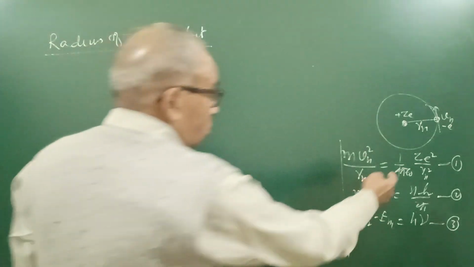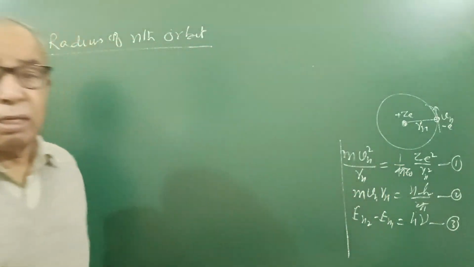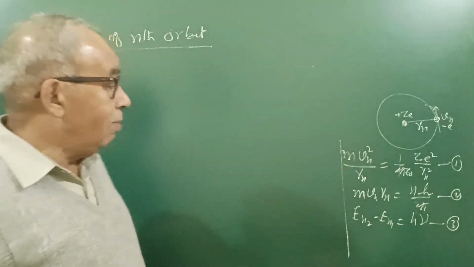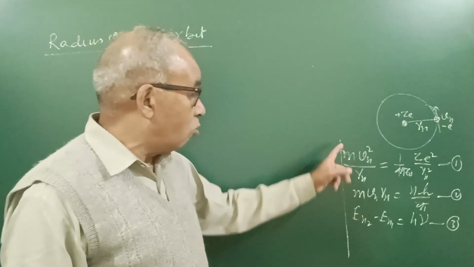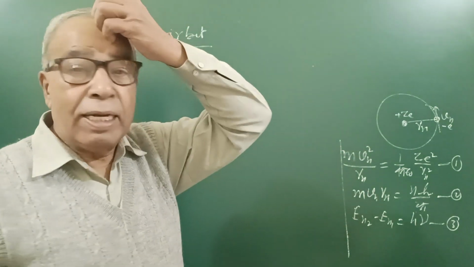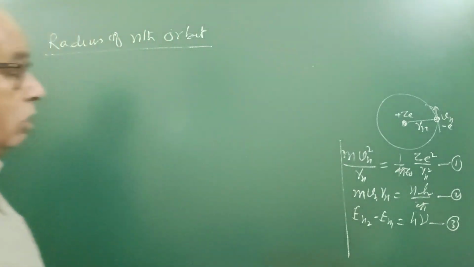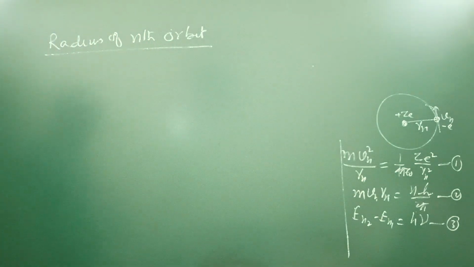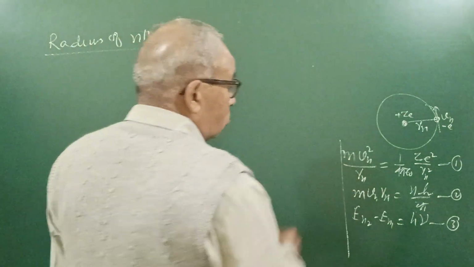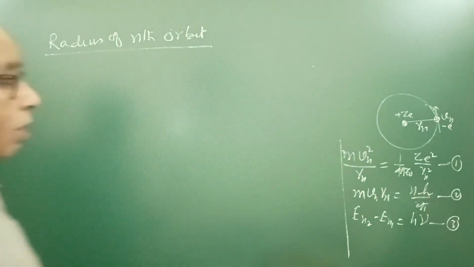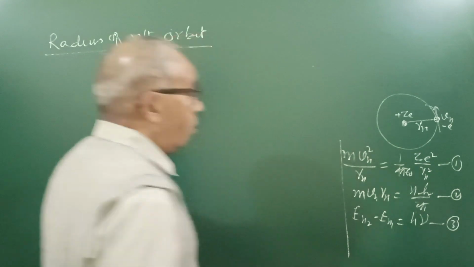So here equations 1 and 2 are there. If we eliminate velocity Vn from 1 and 2, we get the value of the radius. And if we eliminate Rn, we get the value of velocity. So how do we combine equations 1 and 2?